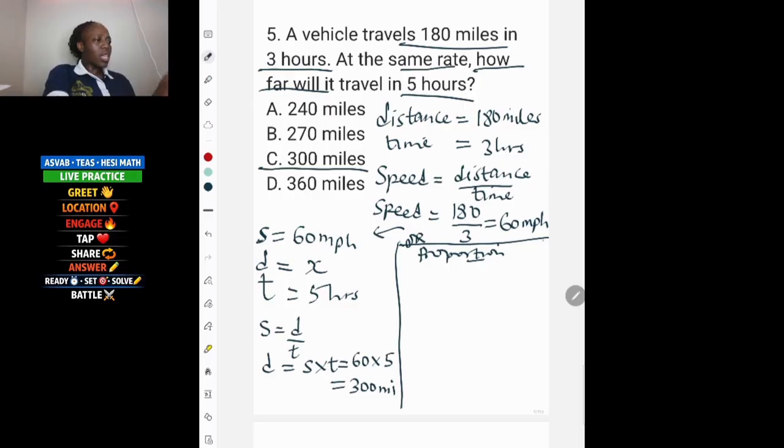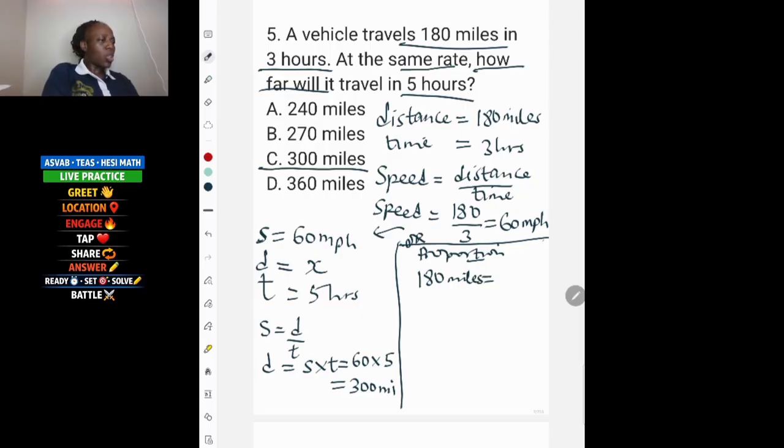So we now say distance. Distance given to us is 1 area miles. By practicing constantly, it will be part of you to quickly decide which formula will be suitable.